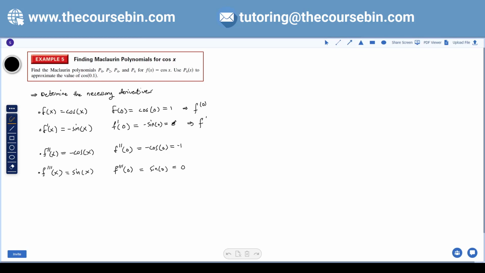So the term in the Maclaurin polynomial corresponding to f prime is going to vanish, but this part is going to stay. The second derivative part is going to stay, and then the third derivative part is going to vanish. So this is what it's going to look like.